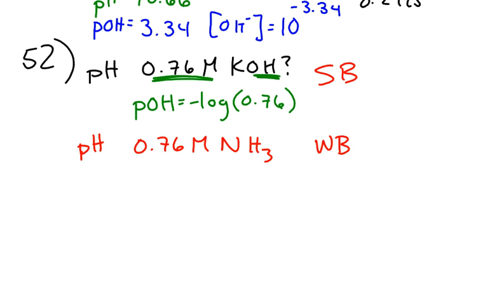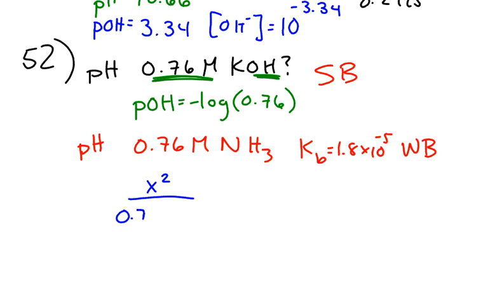I need a KB. That would be 1.8 times 10 to the negative fifth. It is not your job to have these memorized. I just have that one memorized, that's why I did it for the problem. So now this is x squared over 0.76 minus x equals 1.8 times 10 to the negative fifth. X equals the concentration of OH minus.